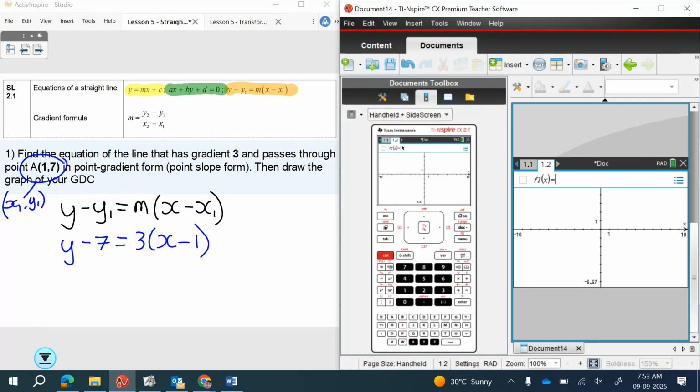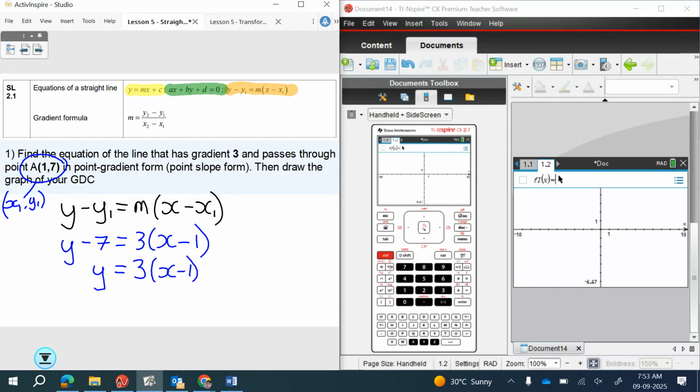You can't type y minus 7 into this. You always have to do a bit of a rearrangement. In order to draw it into your calculator, we don't have to expand it and rearrange it into slope-intercept form, but we do need to algebraically move that 7 across to the other side using inverse operations.